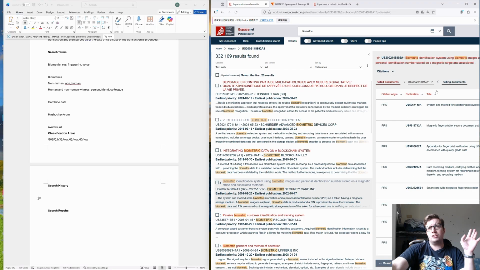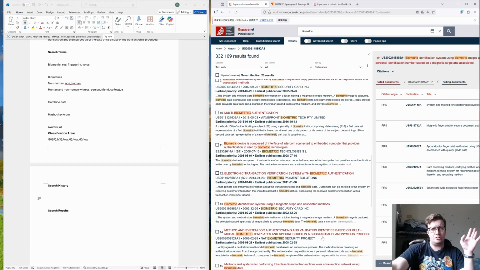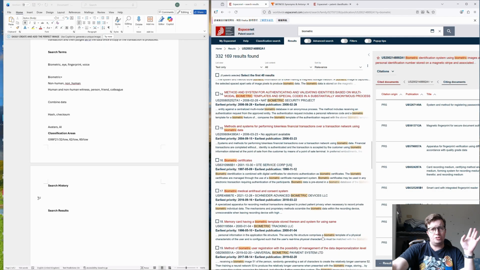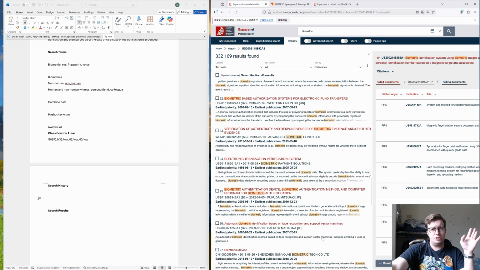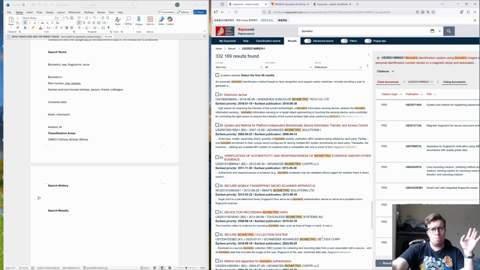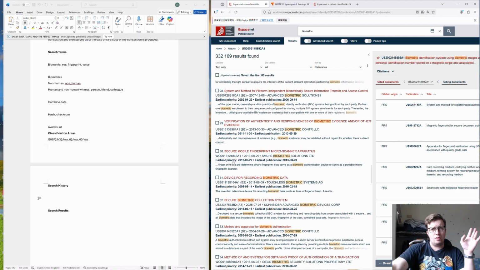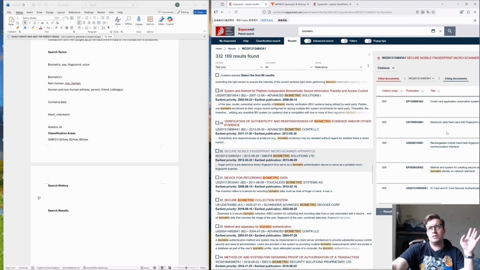Let's take a look. Cited documents. Let me find something with a search report. Usually they will be cited in categories. You've got X, which means it's relevant for novelty or inventive step.